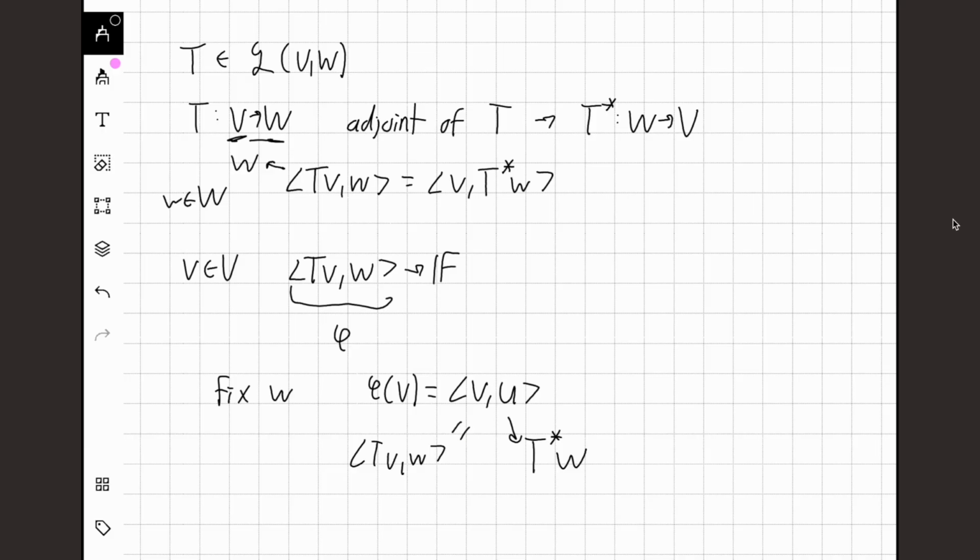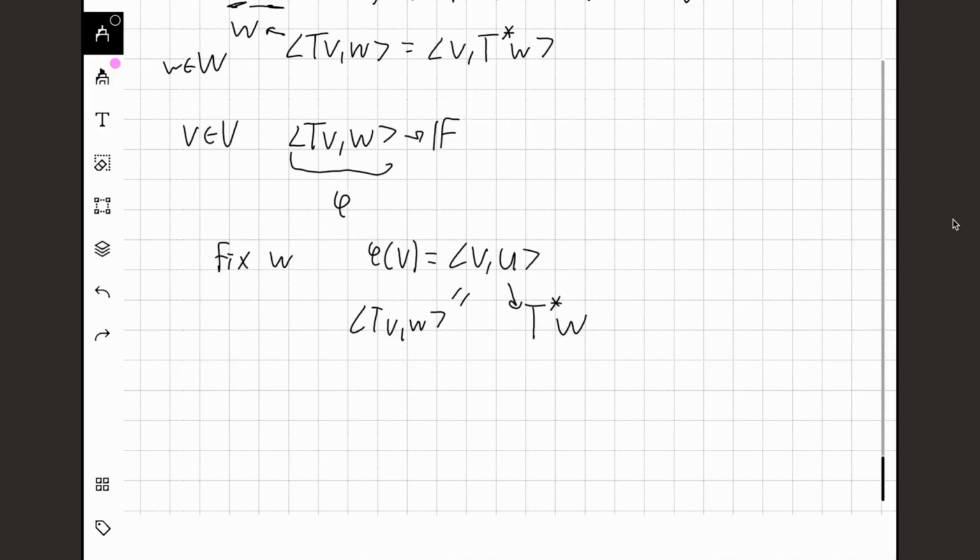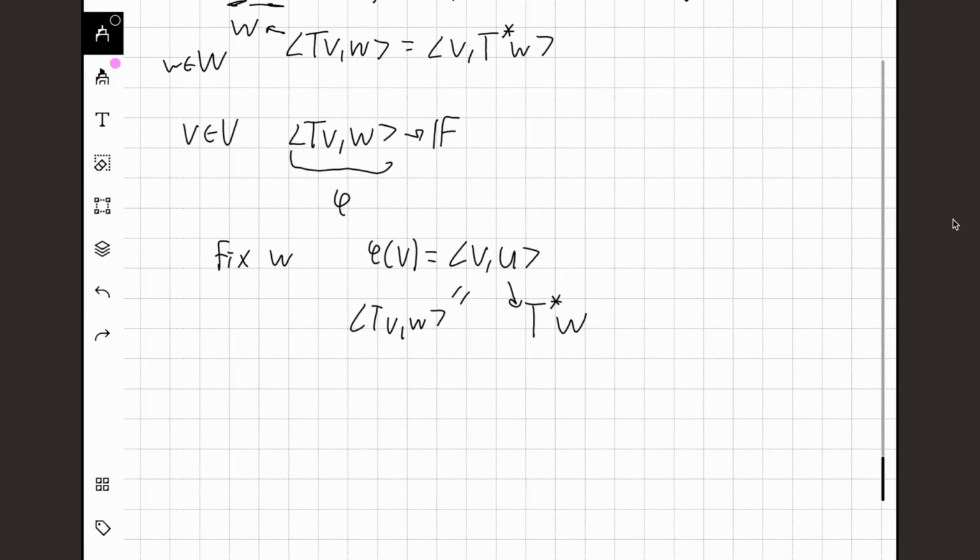If w changes, then your special vector u will change, but it will always be the adjoint of T applied to w. And that's just a cool fact.